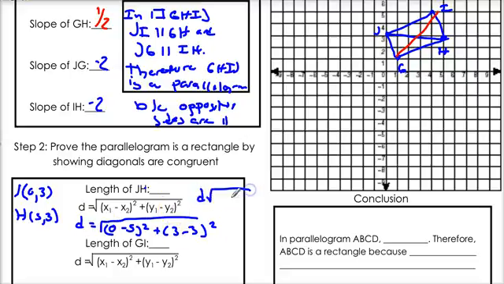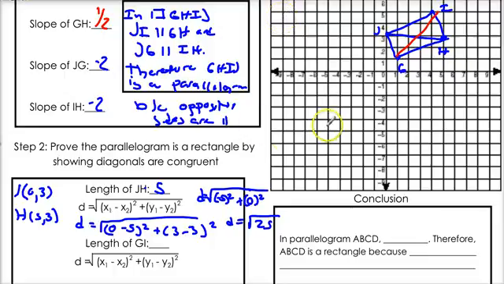The distance is equal to the square root of (-5) squared plus (3 minus 3, which is 0) squared. So let's keep simplifying. (-5) squared is 25, 0 squared is 0, so it's just the square root of 25, and the square root of 25 is 5. So JH is 5. That is our length of JH.